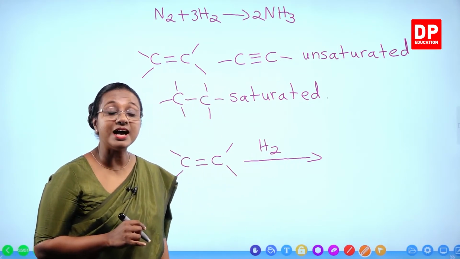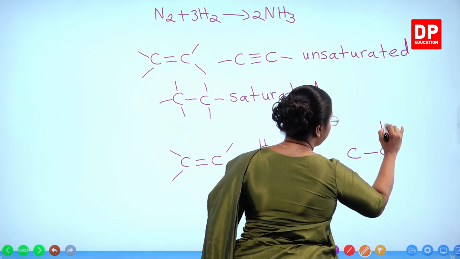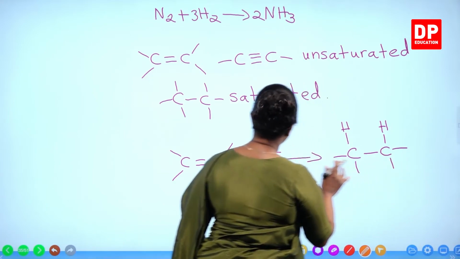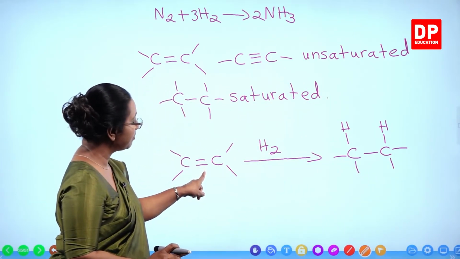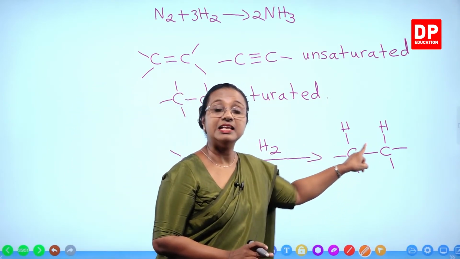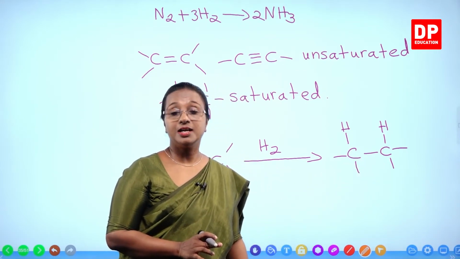That is known as hydrogenation. So, this becomes a saturated compound. Hydrogens get added. The other two bonds still remain. There are two bonds for each carbon. There is a double bond. To one of the double bonds, hydrogens are added and it becomes a single bond. So, this becomes a saturated compound.